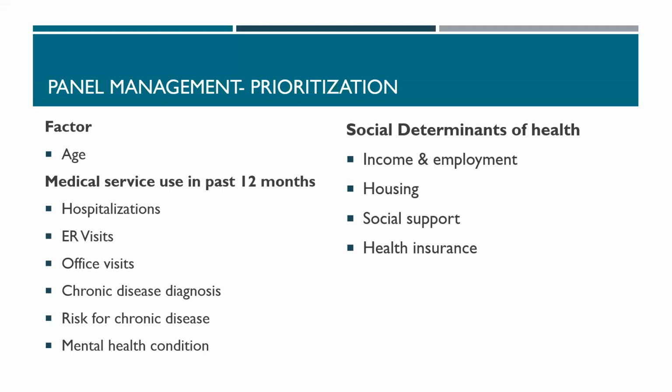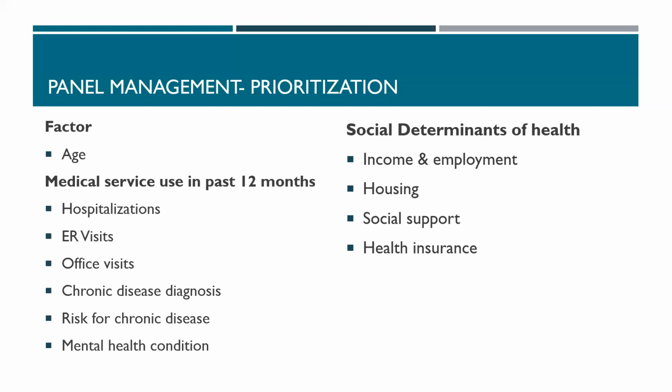So within each panel, it is effective and efficient to prioritize those patient groups based on a variety of factors. It can be based on medical urgency. It could be based on clinic need or clinical needs. It could also be based on social determinants of health.